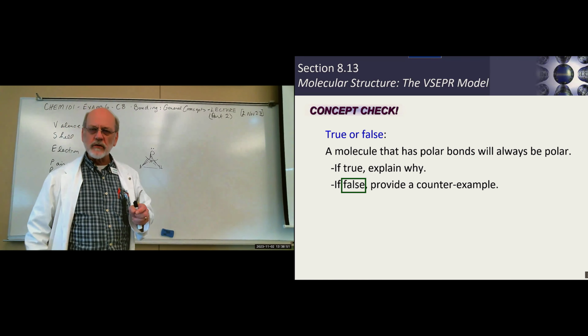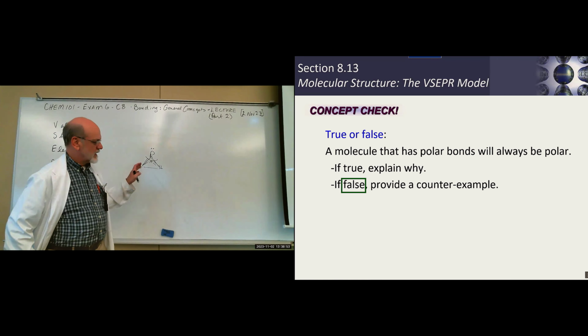What we're trying to do is based upon last lecture that we had, is when you want to know the polarity of the molecule, you need to know two things, correct? You need to know, are the bonds polar? And if they are, then what's the shape of the molecule?